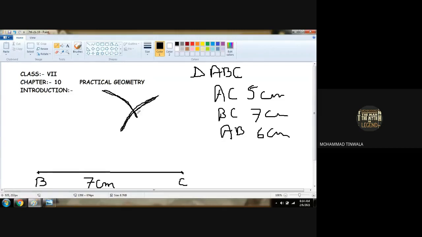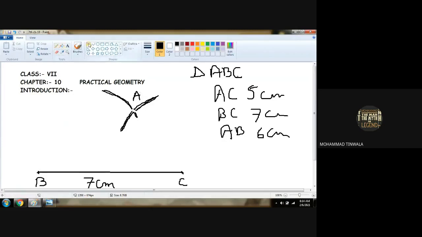This intersecting point that you are getting, this point is known as point A. Is it clear?